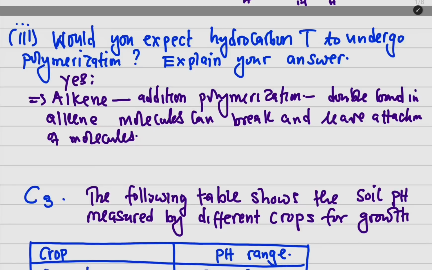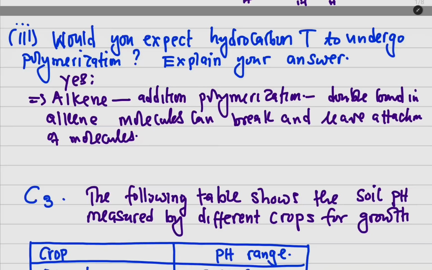So would you expect hydrocarbon T to undergo polymerization? The answer is yes. Why? Because hydrocarbon T is an alkene in which the double bond can break, and of course more alkene molecules can attach to it, or more of hydrocarbon T can attach.